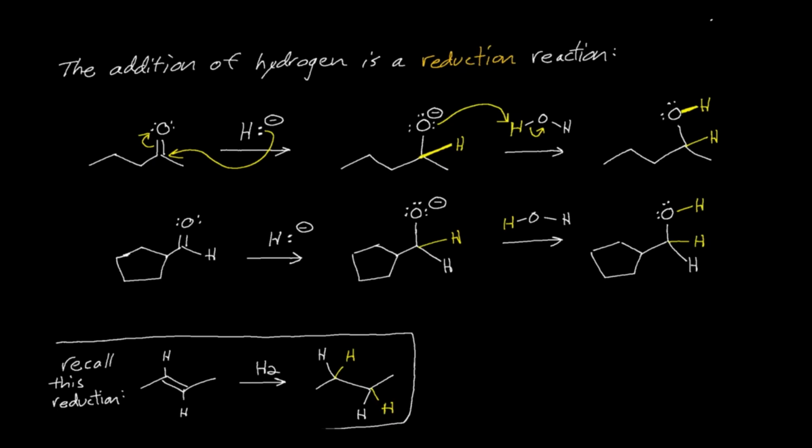And so you have the net result of addition of H2 across what was a carbon-oxygen double bond, right? This carbon-oxygen bond was a double bond. Basically, the net reaction is you take one of those bonds away and you add two hydrogens across it.